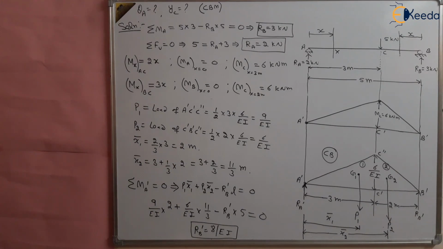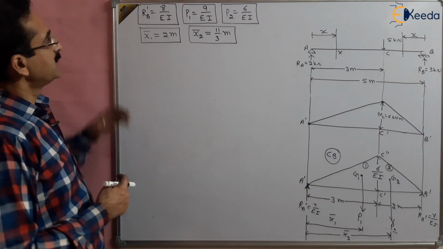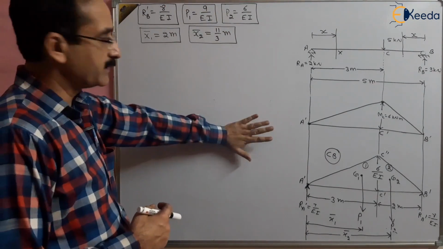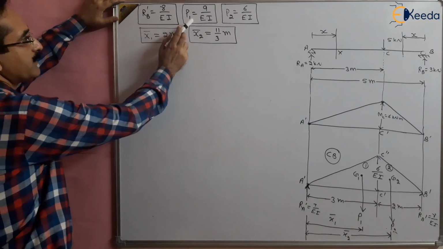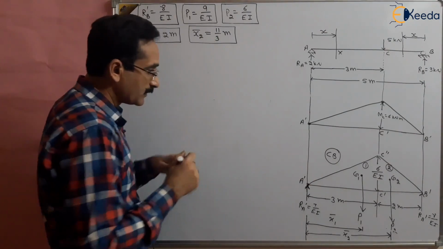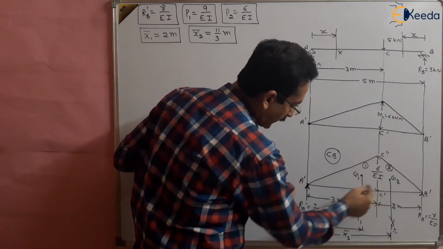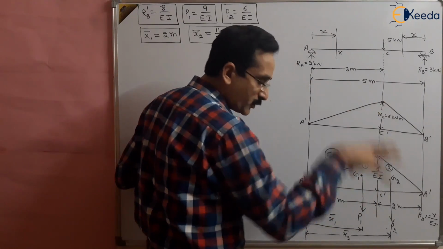Now we have to find out RA dash. These values are known to us, we have already discussed them. The reaction at point B is 8 by EI. What is load P1? Load P1 is basically the area of this triangle, since the conjugate beam is loaded with this triangle.